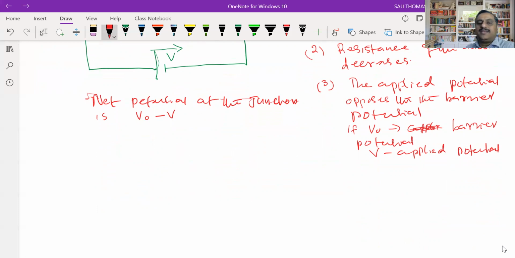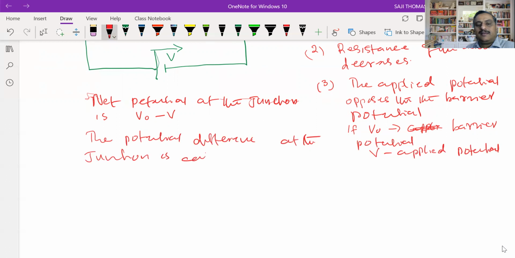Okay, due to forward biasing, the barrier height decreases.